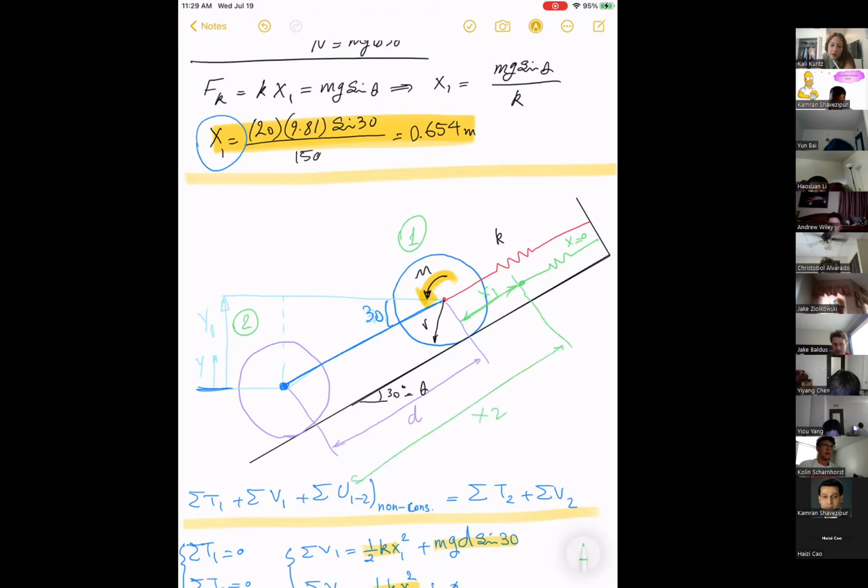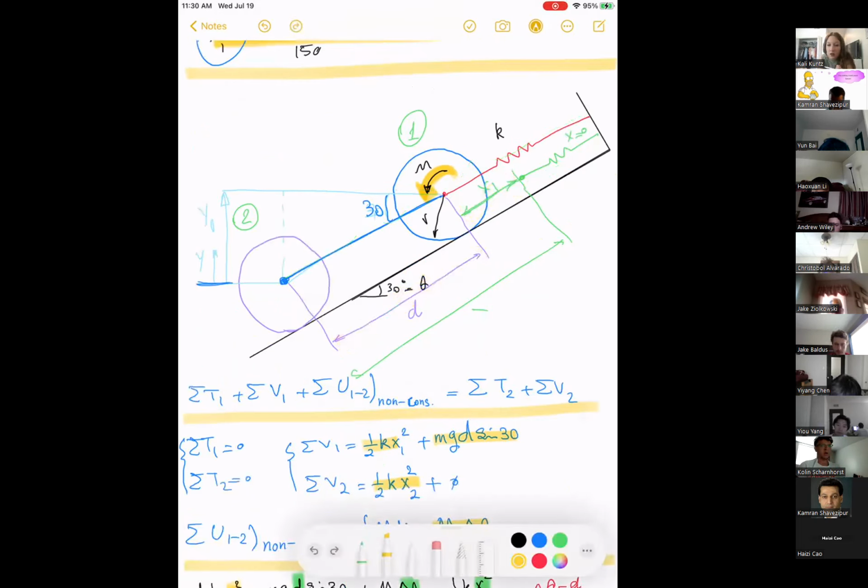The final length, which is going to be like this, minus neutral length. How you get that? Your x2 is what? Is technically this, which is x1 plus this. So the initial displacement is x1. In a simple English, you add d to it, right?